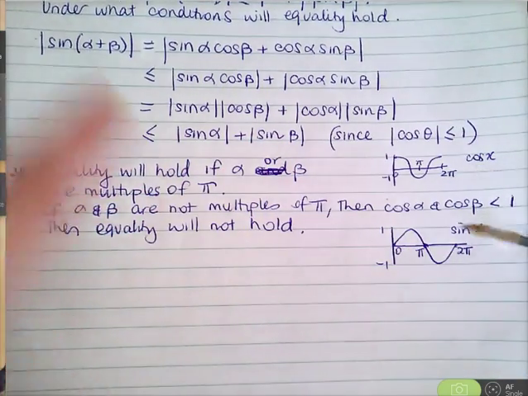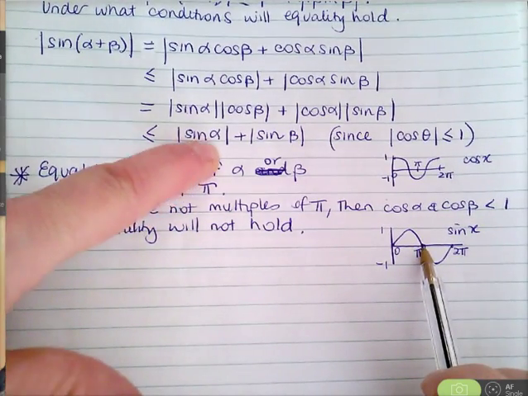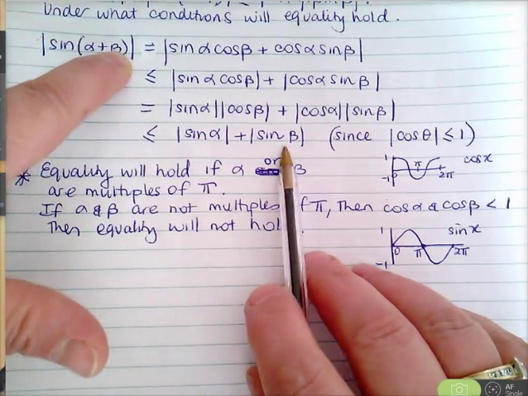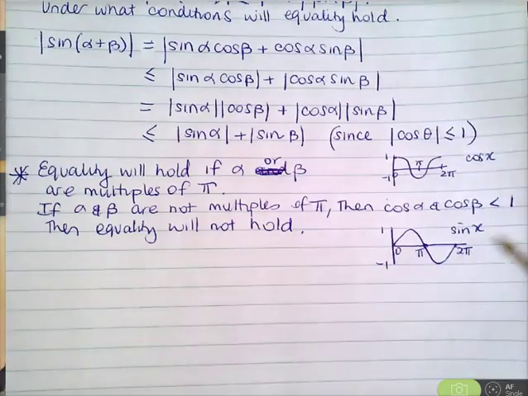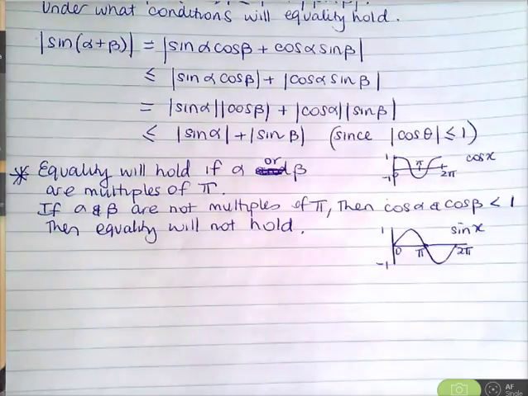But if just one of them is a multiple of pi, then you get 0, for example, for the alpha, but the sine beta will just be the same as the sine beta there. So it's only if one of alpha or beta is a multiple of pi.